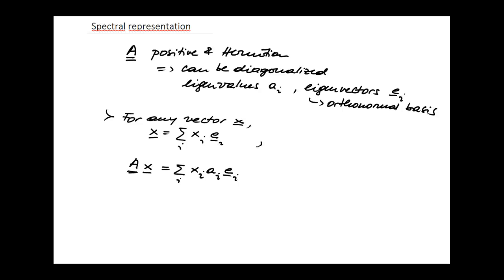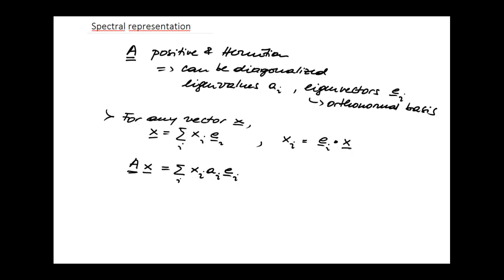On the previous line, how do we find the coefficients xi? The xi are the scalar product of the vector x with the eigenvector ei. So this is ei scalar product with x.